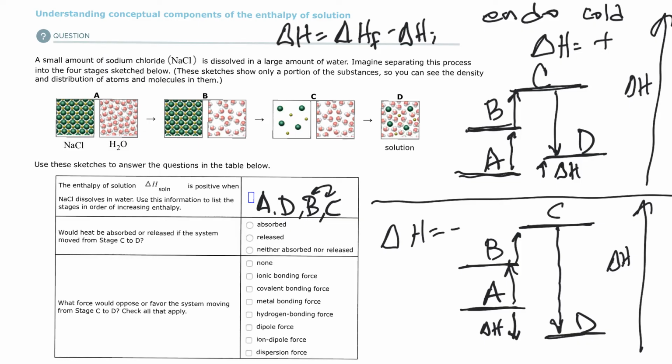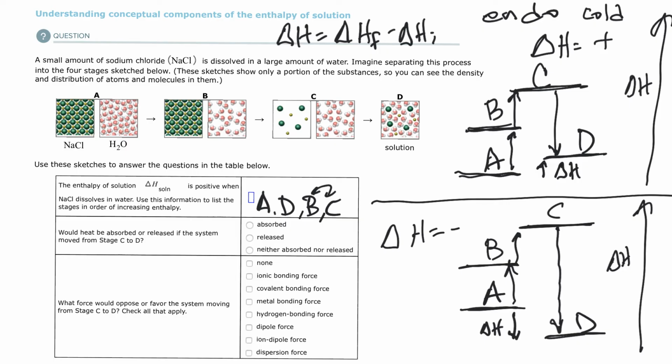Who cares? It's the same. So you could switch B and C together, but you can't switch anything else. A is the lowest, D is next, then B and C are the other two. And if it were negative, it would have to be D, A, B, C. That's the way it would work in this case.